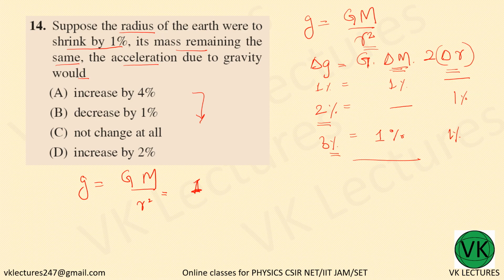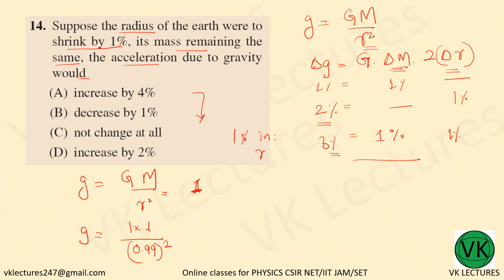Now if there is a 1% change in r, so our g is equal to this 1, and the numerator would remain the same. Instead of r square we have 0.99, instead of 1 we have 0.99.